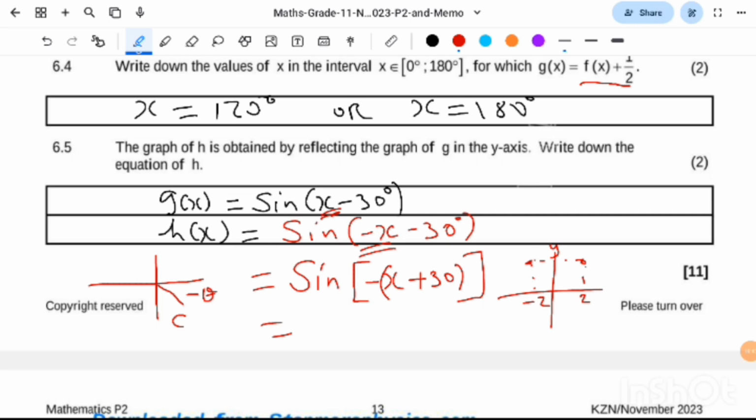So only cos is positive here, sine is negative, therefore you'll say something like this. So this is our answer.